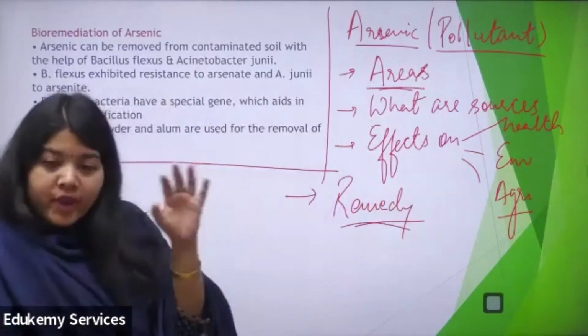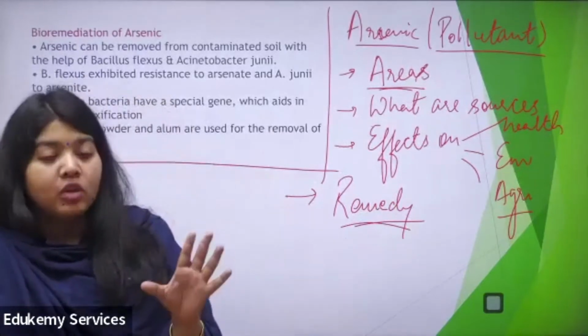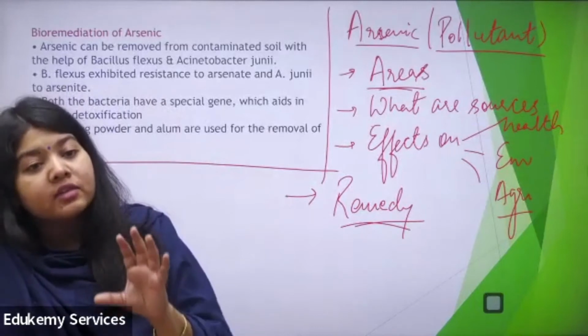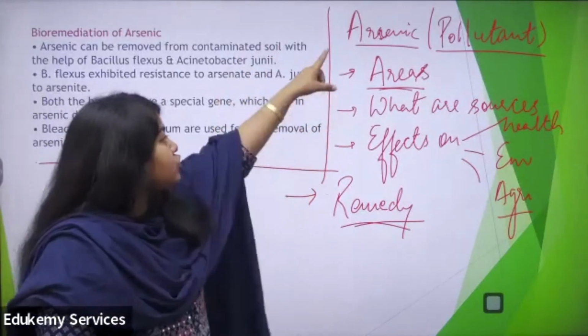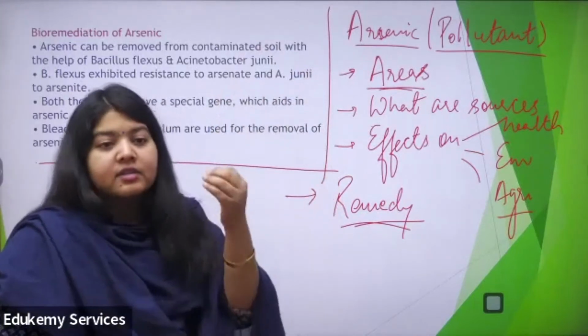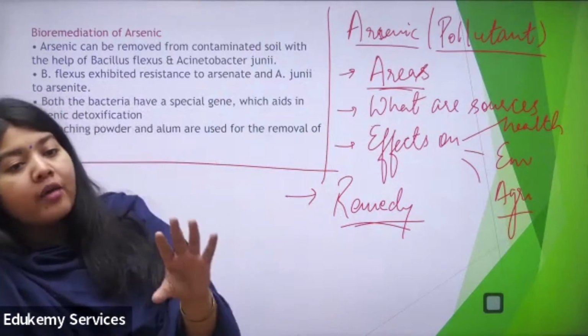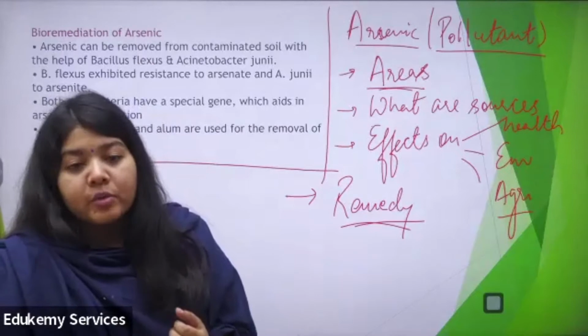Whenever there is any pollutant in the environment, if anything is in the news or the government is doing extensive work in combating that particular pollutant, your job is to study it under these four areas. Let's say this is arsenic. Tomorrow you have a report on lead pollution.